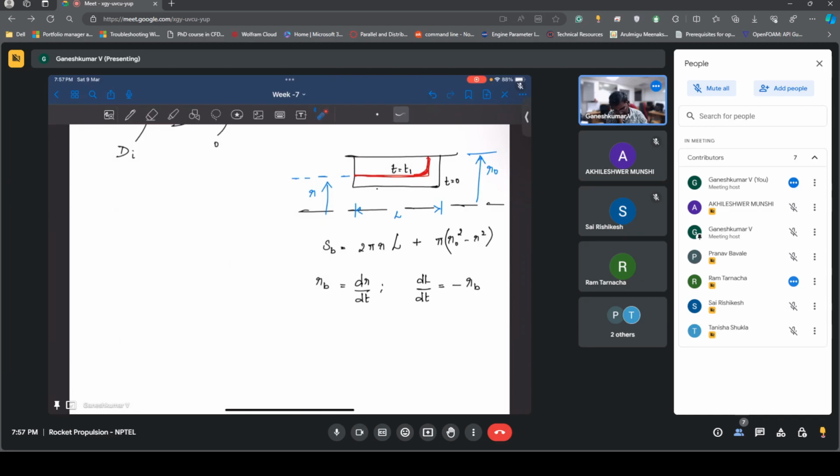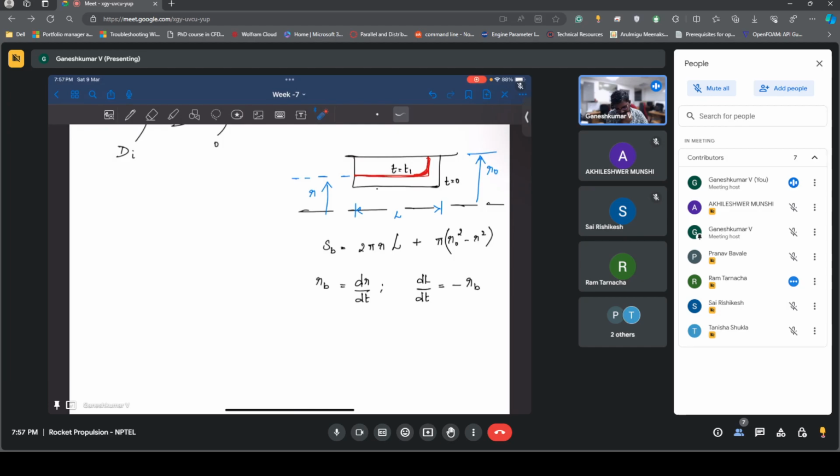relation? I think you may need to solve it together. We cannot write it down separately for this, but you can solve these equations together to get the results.